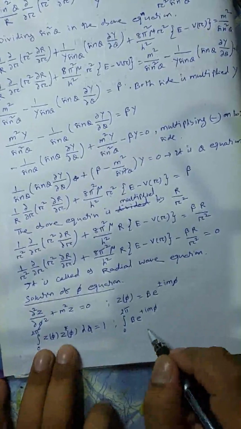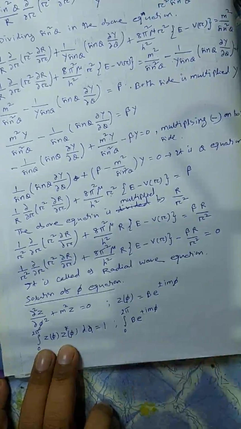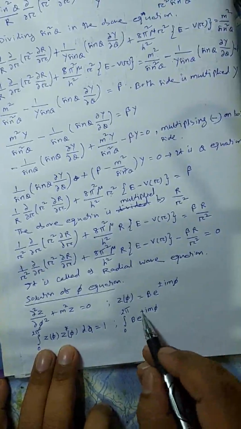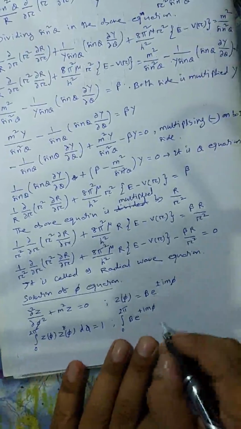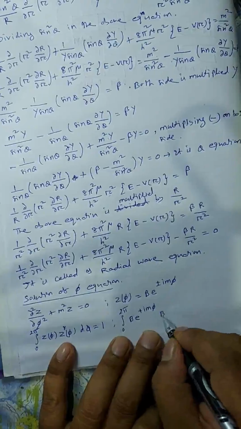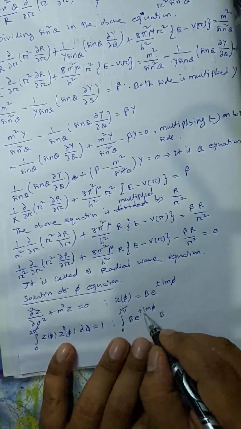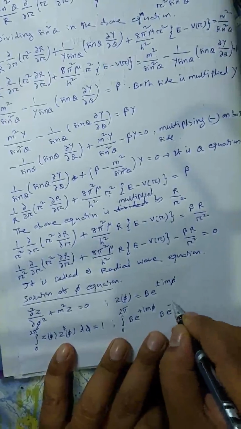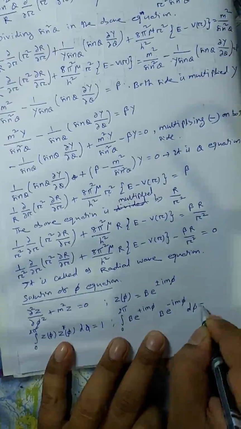Then z phi asterisk is a complex conjugate, so this plus sign should be converted to the minus sign, because it is an imaginary number. So it is b e to the power minus i m phi, d phi is equal to 1.